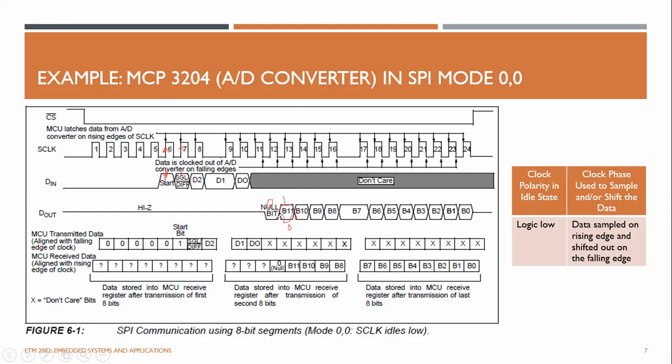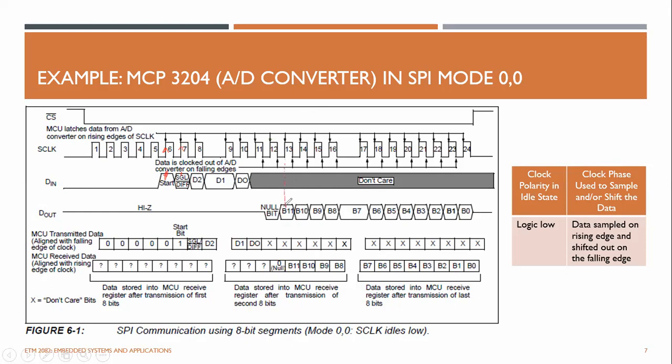This is a 0 bit because it is 0, and this could be either 1 or 0, depending upon the data available. And as you can see here, this one, bit 11, is right at the middle of this rising edge, right?